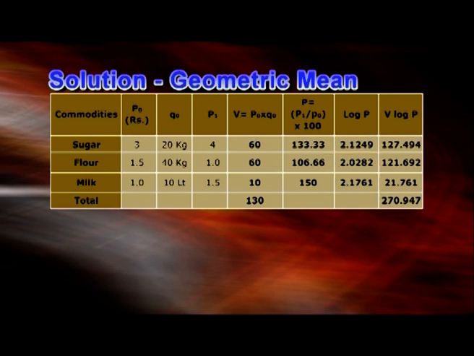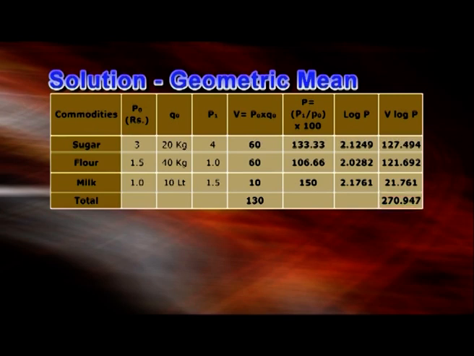Then, in the last column, we get the product of V and log P, that is 127.494, 121.692 and 21.761, and the summation is 270.947.